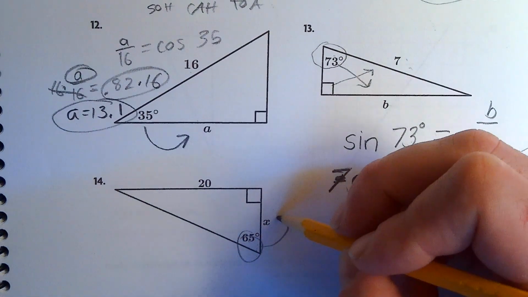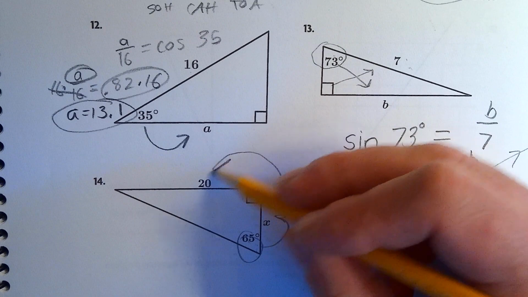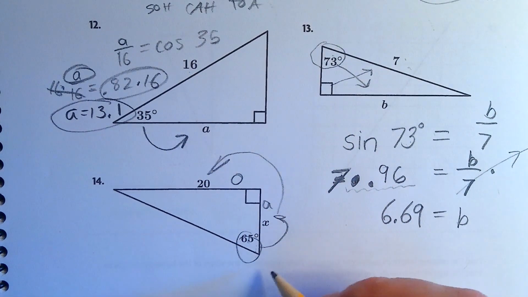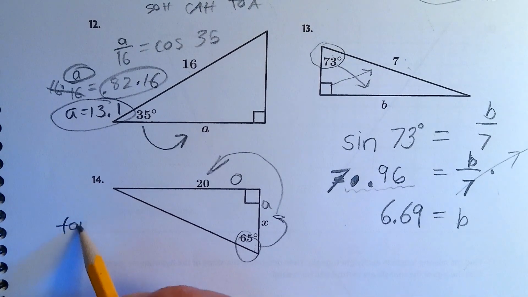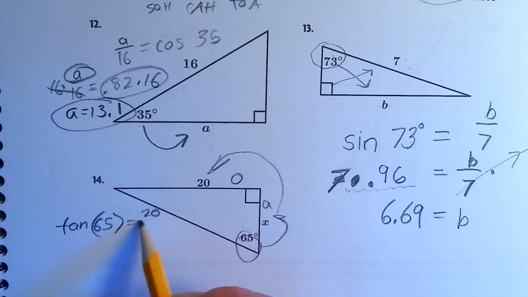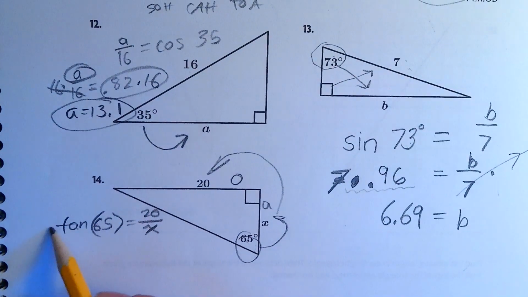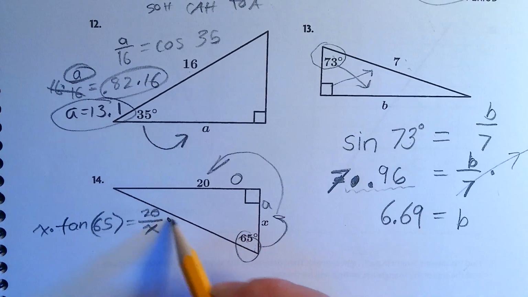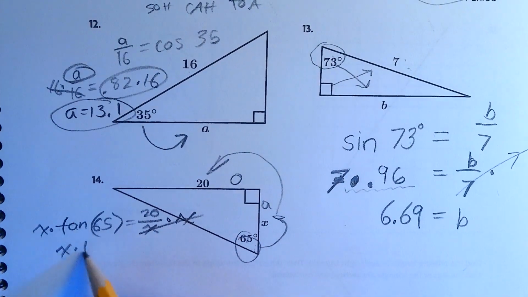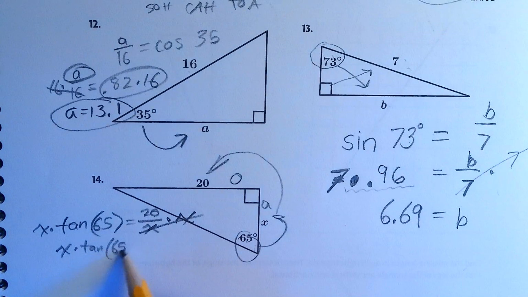From here, oh, it's another cosine. Nope, it's an opposite and adjacent. So tangent of 65 equals 20 over x. Times x both sides. Now see, I'm not getting the decimal approximation yet.